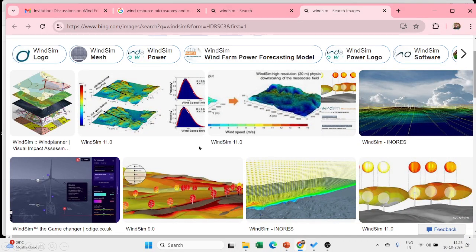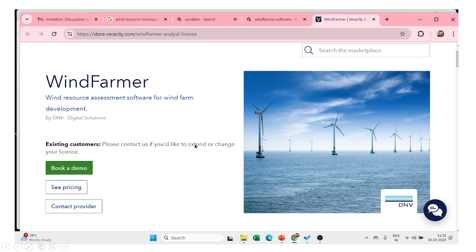Then there is one more. This is a little cheaper than WindSim. This is from DNV. DNV is the only worldwide known certifying body in the world today. They have bought out all the small wind turbine certification bodies, and they are the only body doing certification apart from GL or UL.